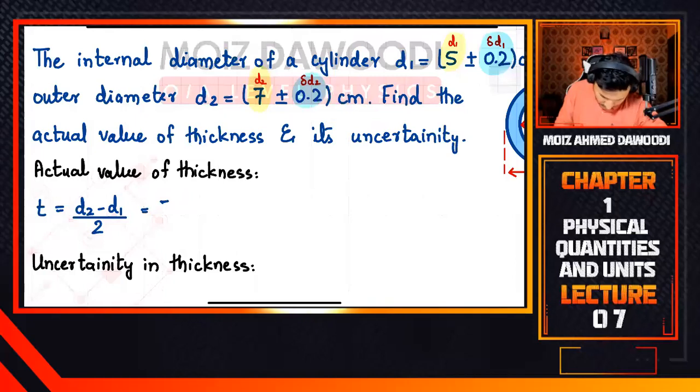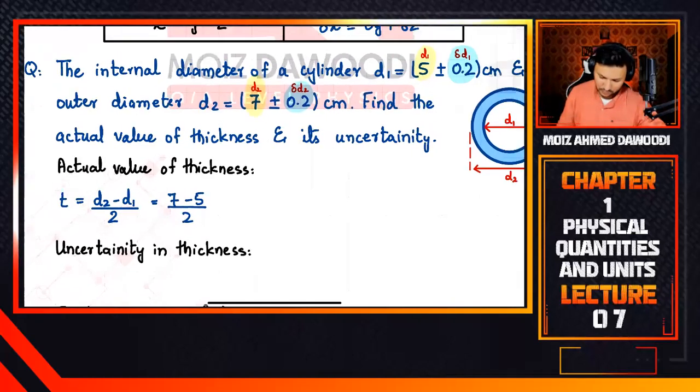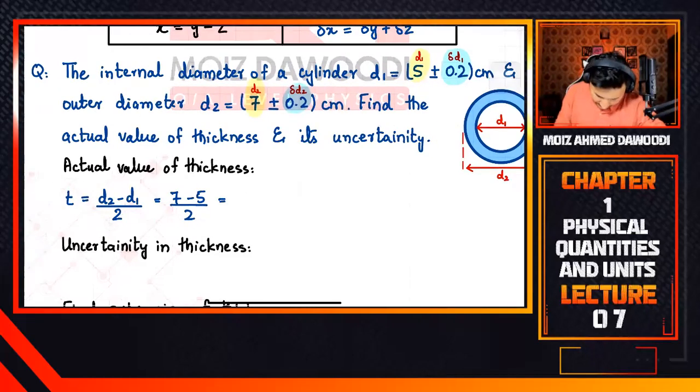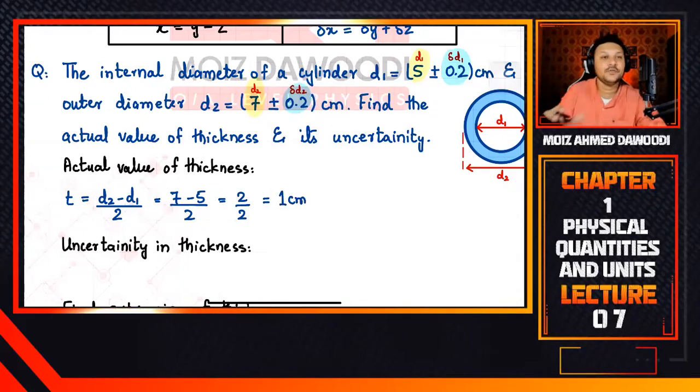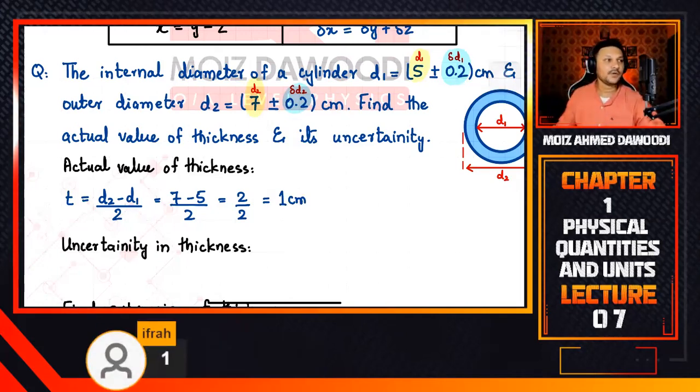So 7 minus 5 upon 2. And we get an answer of 2 upon 2. 1 centimeter is the actual value of thickness. Yes, Rabia. Yes, Ifra.